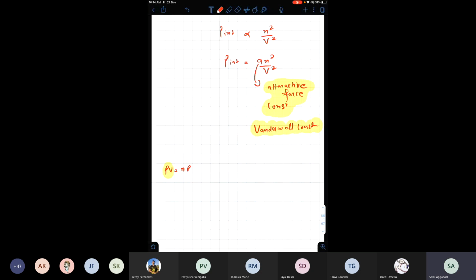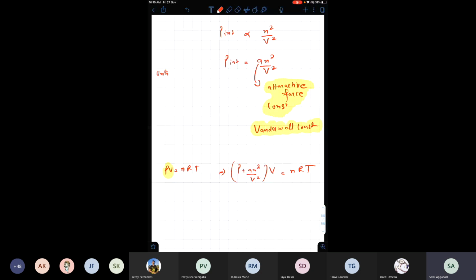So PV equals nRT we had. It becomes P plus a n square upon V square into V equals nRT. Okay. Now we'll do volume correction. First let's look at the units of a.